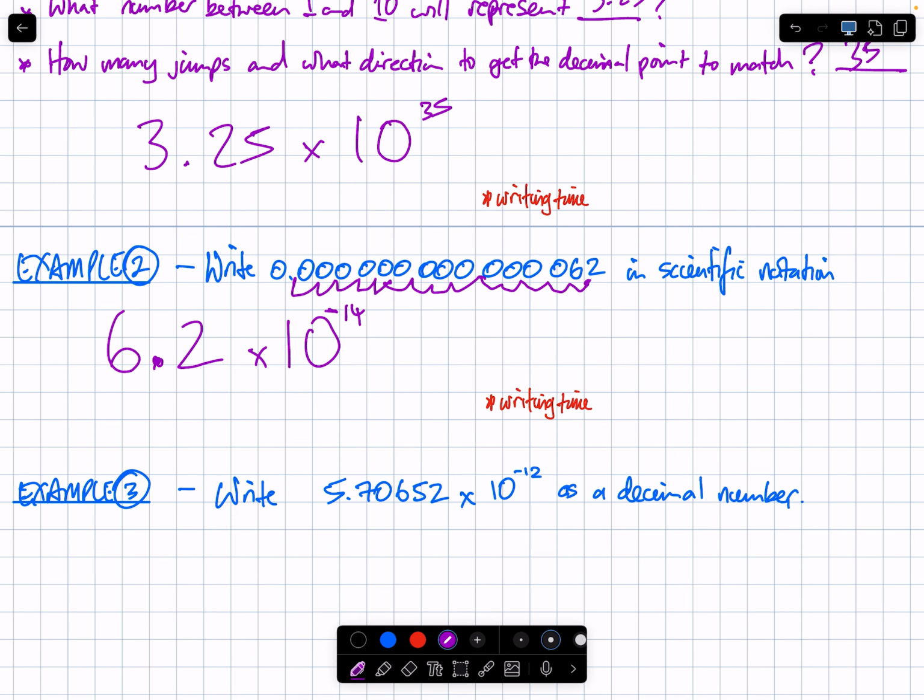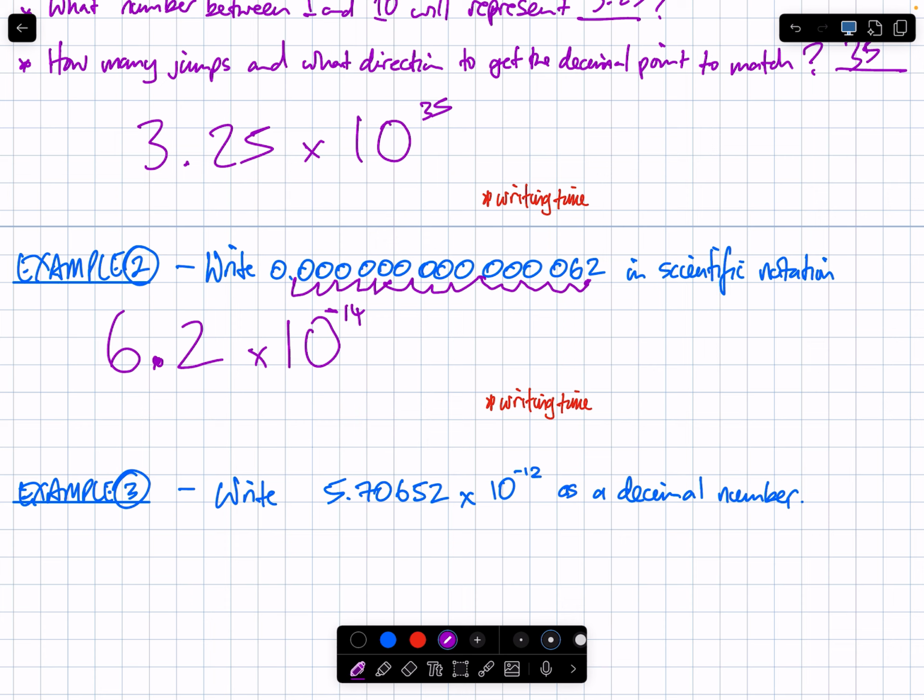As soon as I see the negative 12, are we talking an extremely small number or an extremely large one? Small. Good. If I'm jumping to the left and my number has to be between 1 and 10, how many jumps am I going to use to get over that units number, that 5?